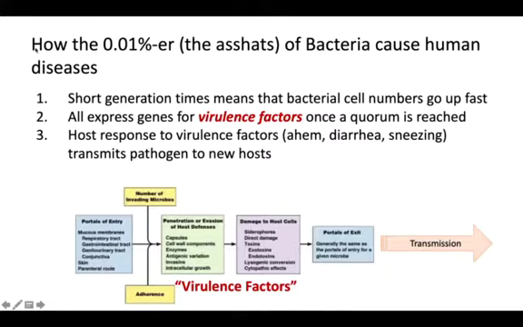So these are some of the things in that purple box that are damaging to the host cells. The ones that we'll talk about are the toxins today, and maybe a couple of the other things that cause direct damage.